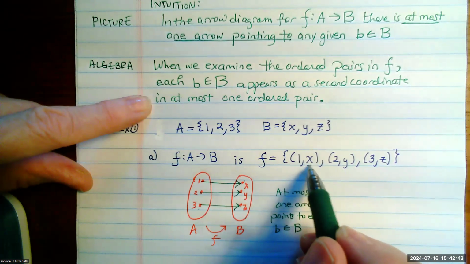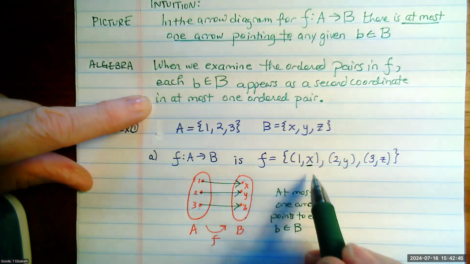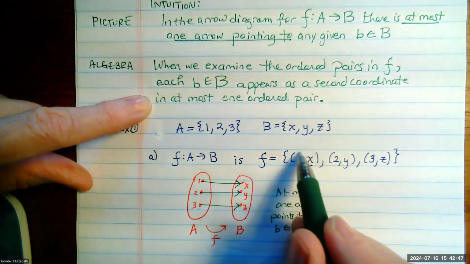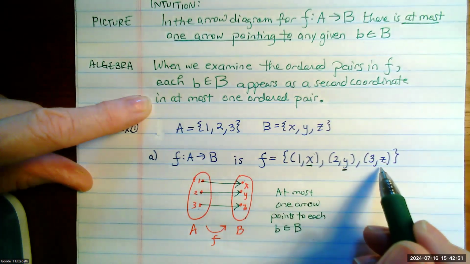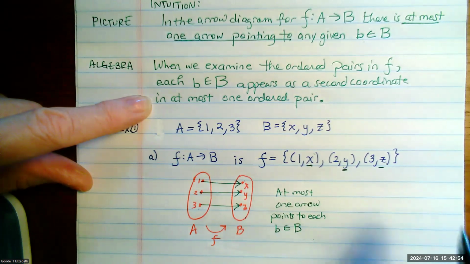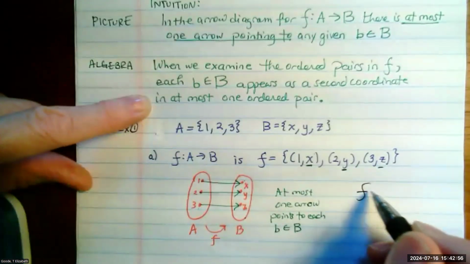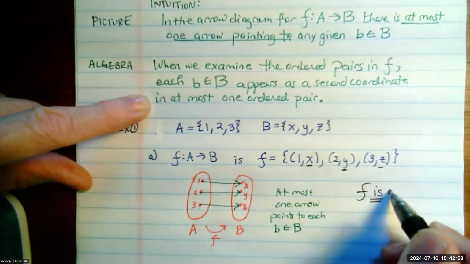See, x appears as a second coordinate in at most 1 ordered pair. It only appears in this ordered pair as the second coordinate. Same with y, same with z. Does that make sense? Makes sense. So f is 1-to-1.